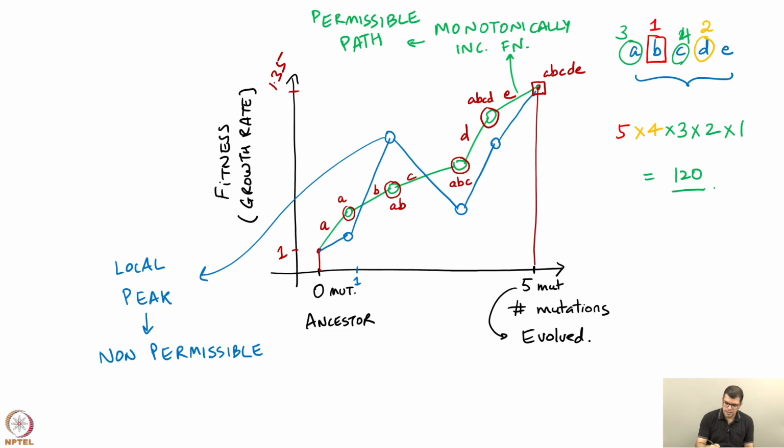On the other hand, in another path, the blue path, where the order of mutations has been changed, let us imagine that the order in which these mutations were acquired is as follows.